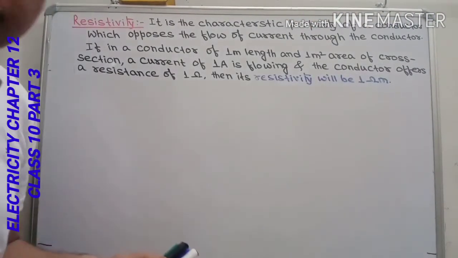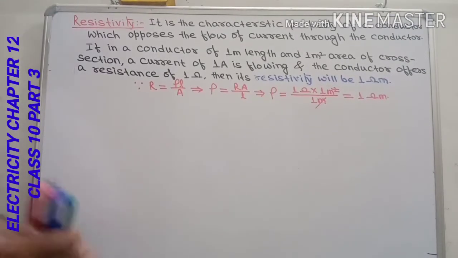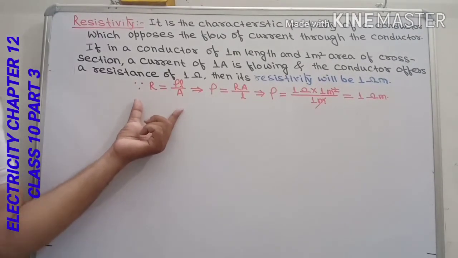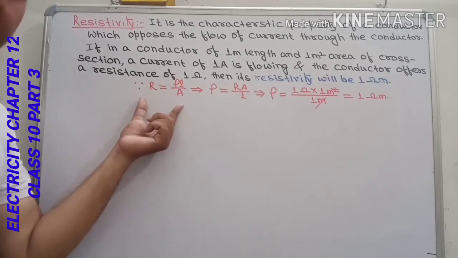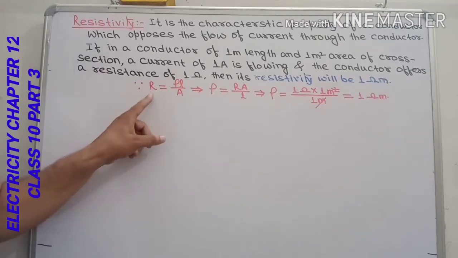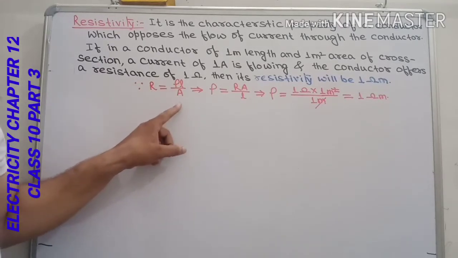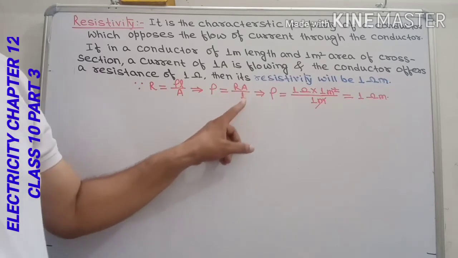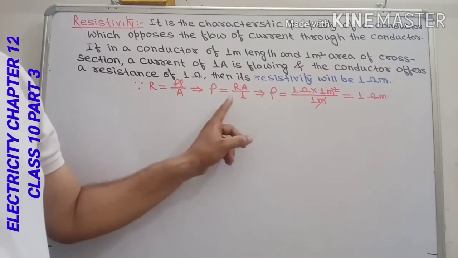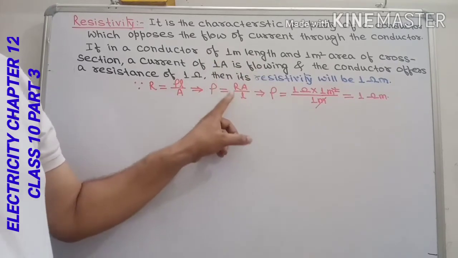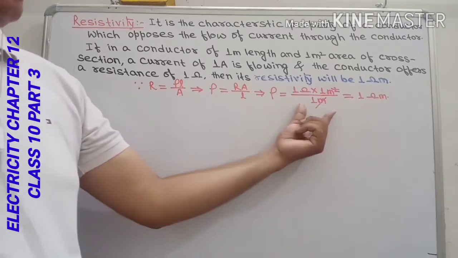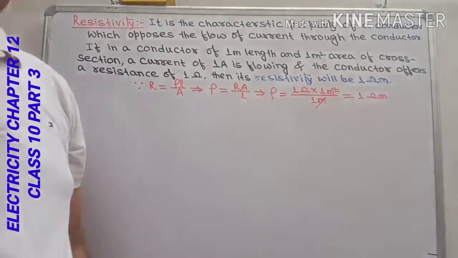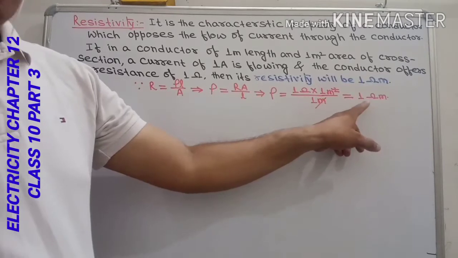Now we will see this by the numerical values. This was the resistance we took out from the factors which affect the resistance. The resistance was equal to rho L upon A, and rho will now become R A upon L. Now if we put the values, R 1 ohm, area 1 square meter, and length of the conductor 1 meter, then meter and square meter cancel out and we get 1 ohm meter.